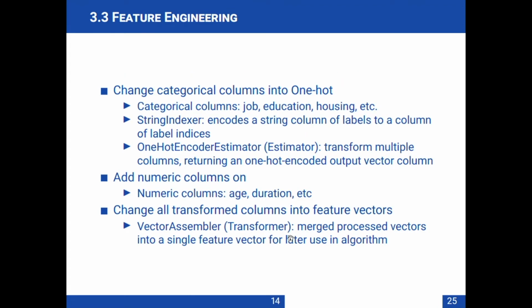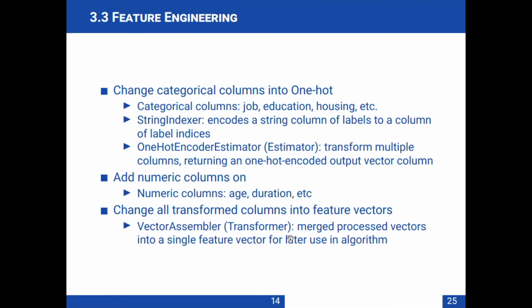Before training the model, we did feature engineering work by the techniques of estimator and transformer in Apache Spark. Categorical columns like job, education, housing, and so on are encoded by string indexer in advance to get a column of label indexes.